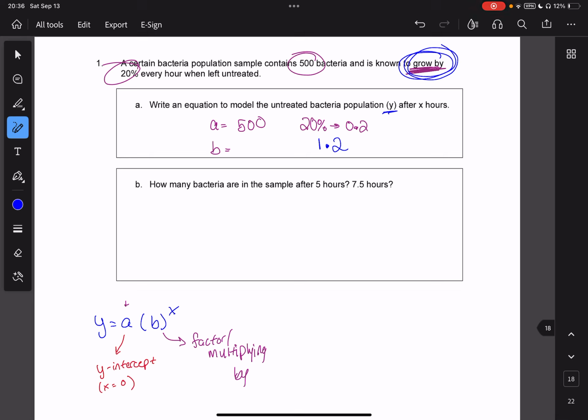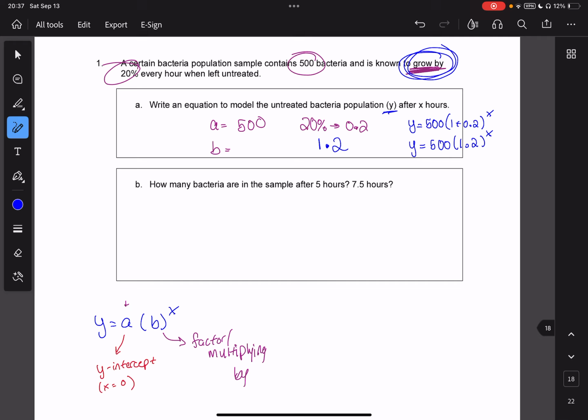So when we put the 1 with it, the bacteria is actually going to be growing by 1.2. So our population Y is equal to 500, our A, times 1 plus 0.2 to the X. And we just simplify that by writing y is equal to 500 times 1.2 to the x.